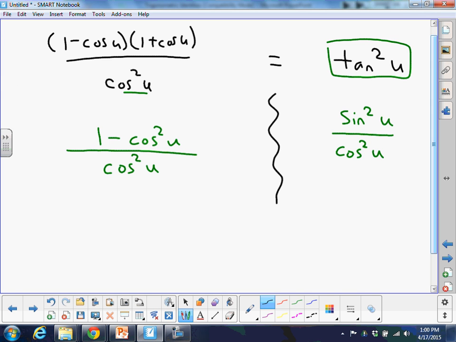But we do know from our Pythagorean identities that 1 minus cosine squared is equivalent to sine squared. And that works perfectly, because our other side was sine squared over cosine squared. Okay, so you can kind of do a little on both sides, or if you wanted to, on the left side, put tan squared beneath that, and you wouldn't have had to do this step over here. Okay, both sides are equal, we're good to go.